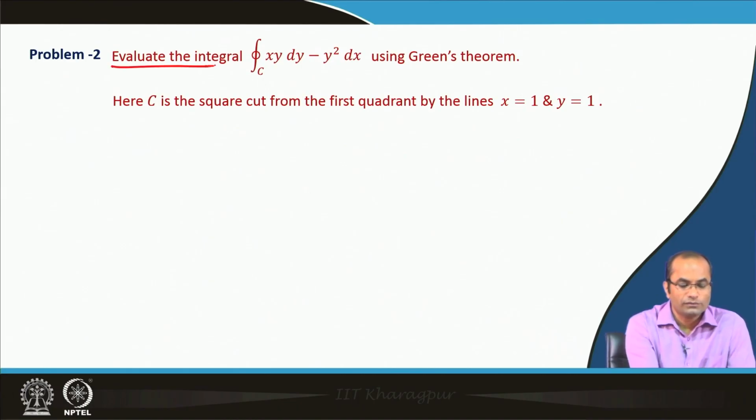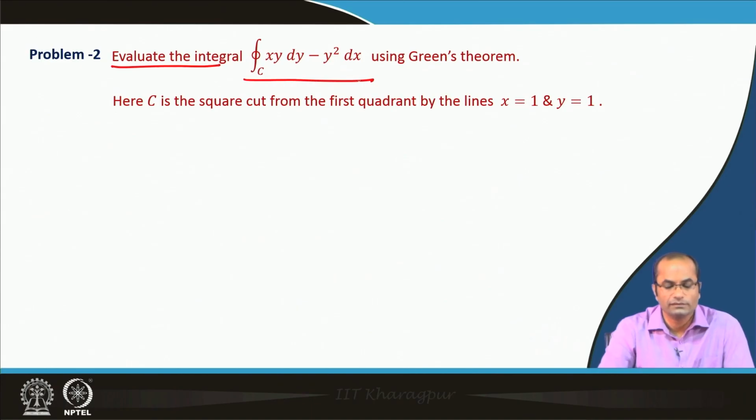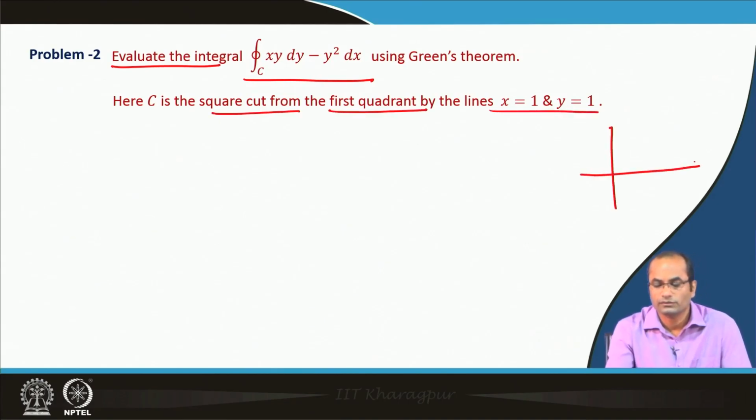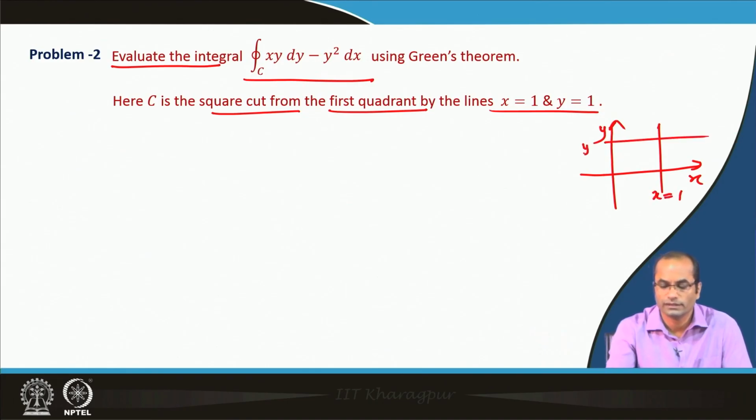Now, another problem. So, we will evaluate this line integral using Green's theorem, and the C is a square cut from the first quadrant by the lines x equal to 1 and y equal to 1. So, we have x axis, we have y axis, this is the line x equal to 1 and y equal to 1, let us say.